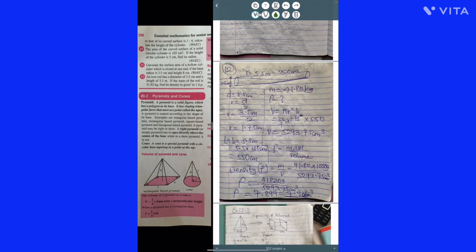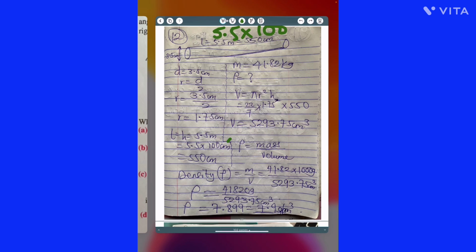In number 12, it says an iron rod has a diameter of 3.5 centimeters. If the diameter is 3.5 centimeters, you divide that by 2 to get its radius. 3.5 over 2 will give you 1.75. The question says its length is 5.5 meters. 5.5 meters is 5.5 times 100, that's 550 centimeters.